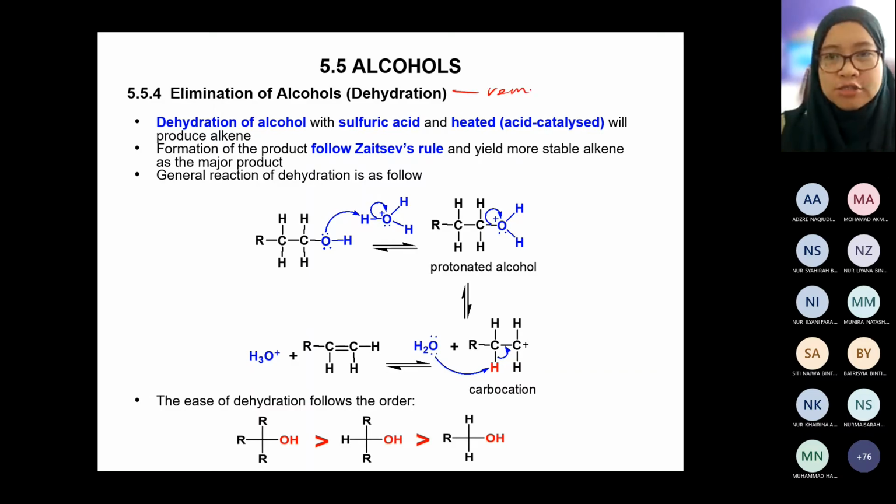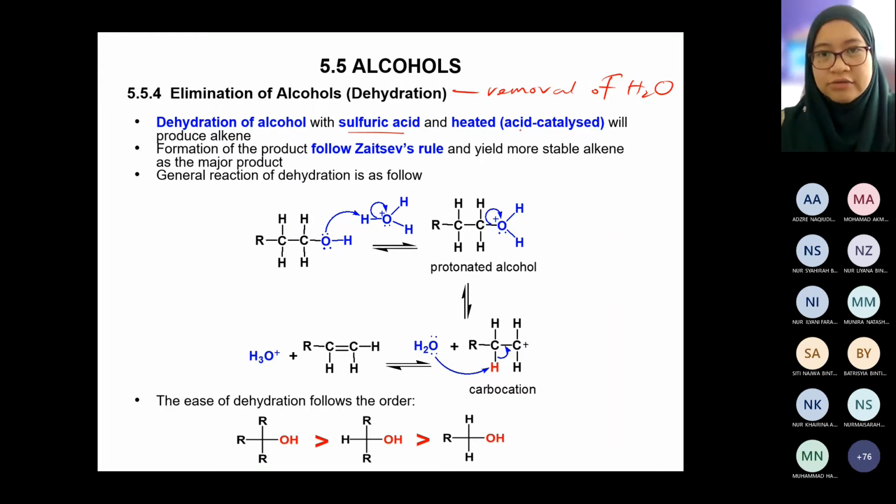Let's look at the removal of water. Dehydration of alcohol with sulfuric acid, and it should be heated. This is also known as acid catalyzed, and will produce alkene, just like elimination of alkyl halide produces alkene.